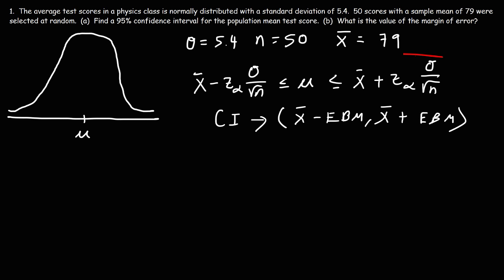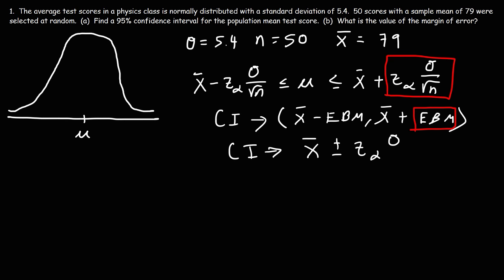So notice that these two are the same. Therefore, the EBM is what you see here. The error bound for the mean is z alpha times sigma over the square root of n. So when writing the confidence interval, it's going to range between x bar plus or minus z alpha times sigma over the square root of n.